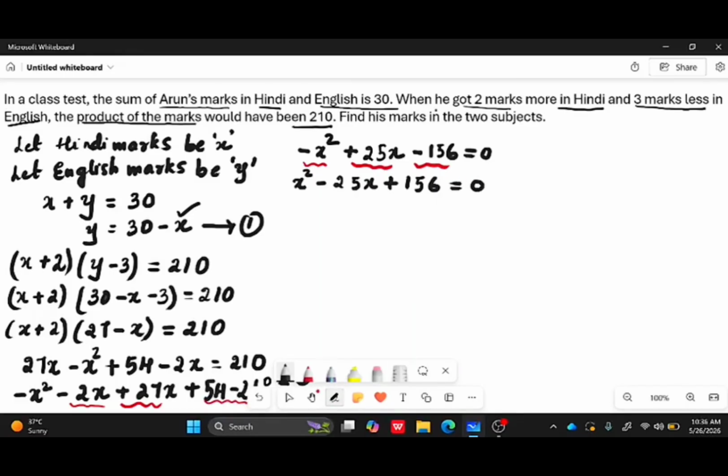So this is the standard form of quadratic equation. What is the standard form of quadratic equation? ax square plus bx plus c equals 0. Now here you can use the splitting middle term method, or you can apply the quadratic formula. So let us use it in a very simple form, that is the splitting method.